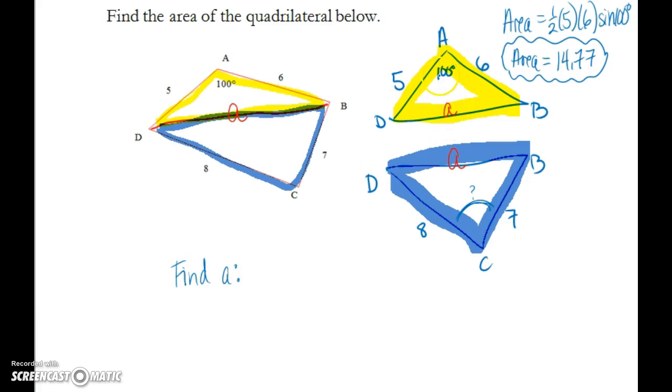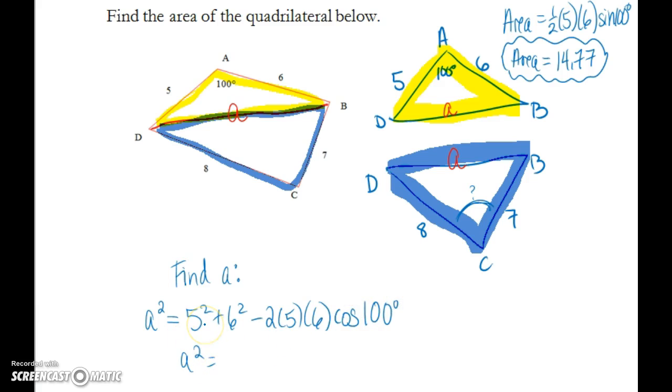Notice in the yellow triangle we don't have any matches. We have an angle but not the side across from it, or a side but not the angle across from it. So we're going to have to use law of cosines. We'll use the version that starts out as a squared: a squared equals b squared plus c squared minus 2 times b times c times the cosine of angle A, 100 degrees.